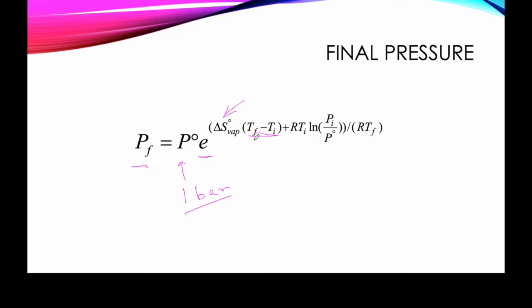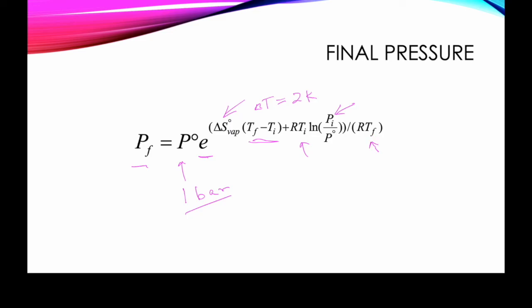Here's the temperature differential, which again, we're going to start with a 2 degrees Celsius or 2 Kelvin difference in temperature there. This will be our initial temperature that we're starting at with our initial vapor pressure. And this, of course, is our final temperature.